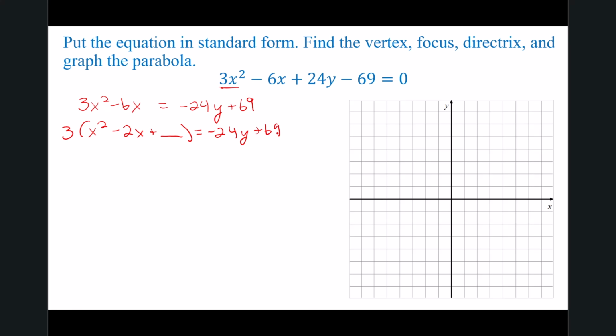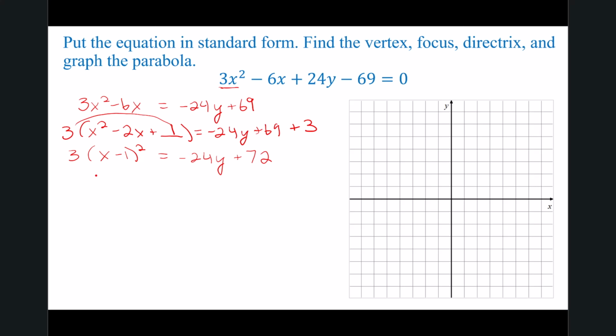And I can complete the square inside the parentheses. So half of negative 2 is negative 1, and negative 1 squared is 1. But if I distribute through, 3 times 1 is 3, so I added 3 altogether. So I have 3 on the right side. So my equation now looks like 3 times (x minus 1) squared equals negative 24y plus 72.